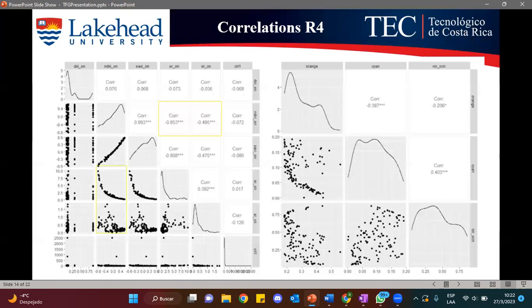From all these correlations, you can see a high negative correlation, with high statistical significance, for the simple ratios of orange and cyan against NDVI using the orange band. We can see a negative correlation of 0.8 for simple ratio orange and minus 0.49 for simple ratio cyan.